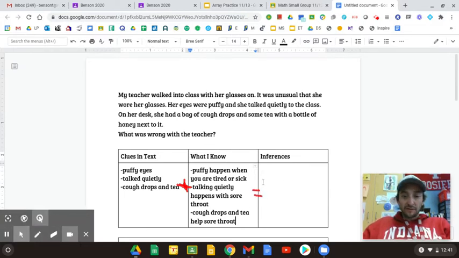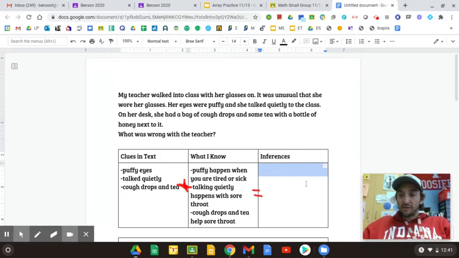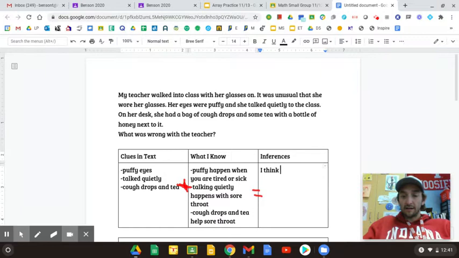When you're writing your inference, I want it to be in a complete sentence. Your restate will say, I think that the teacher is sick with a sore throat. Like throat. There we go, spelled correctly.